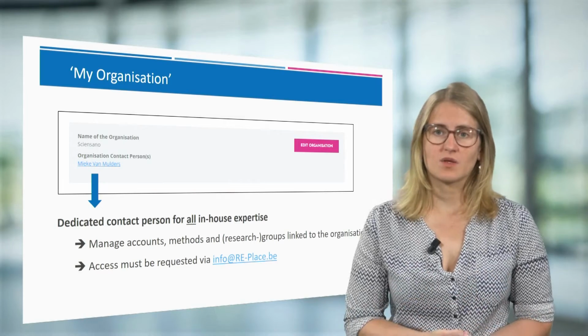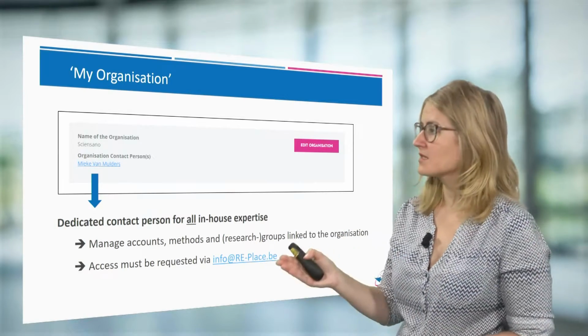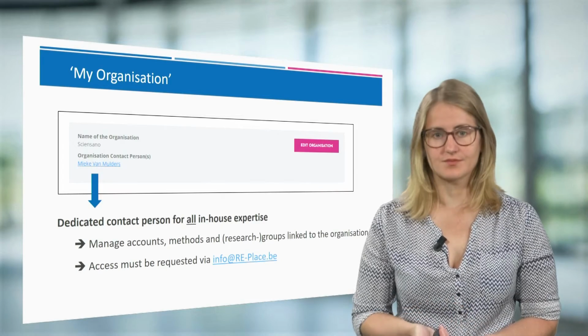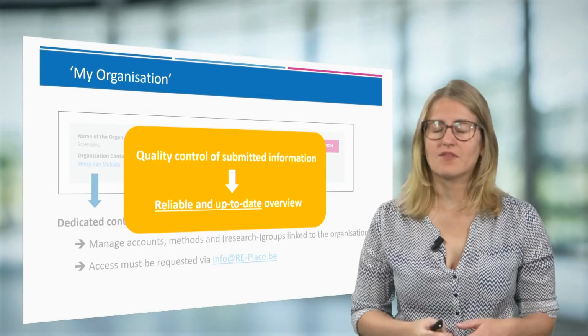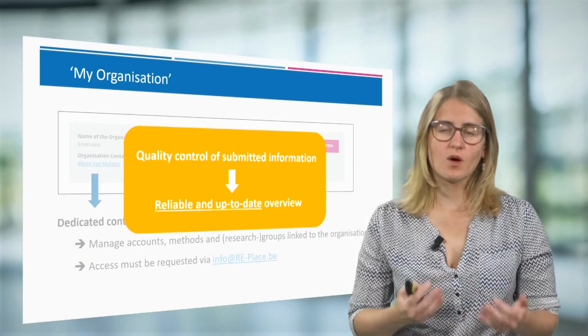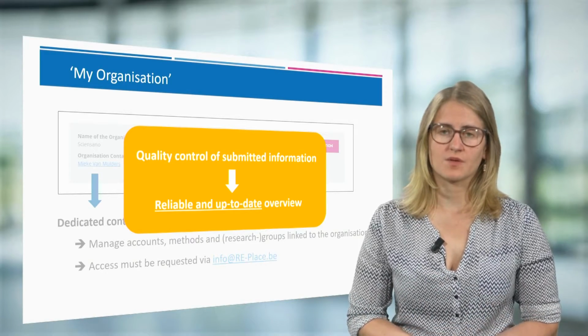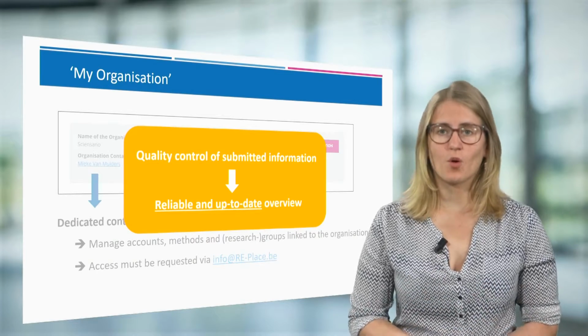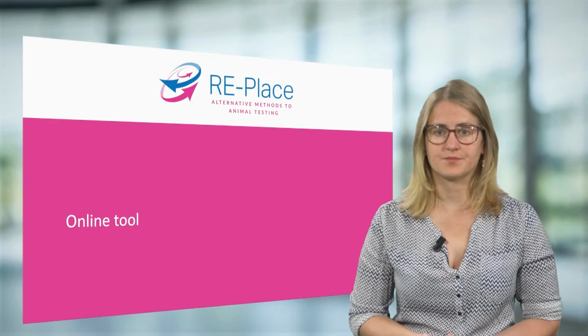As this is a task with a lot of responsibility, you need to request this via the general mailbox so we can explain to you how it works. We have installed both of these functions, My Groups and My Organization, to ensure the quality control of the submitted information. This means we are able to offer you a reliable and up-to-date overview of the available knowledge on NAMs.